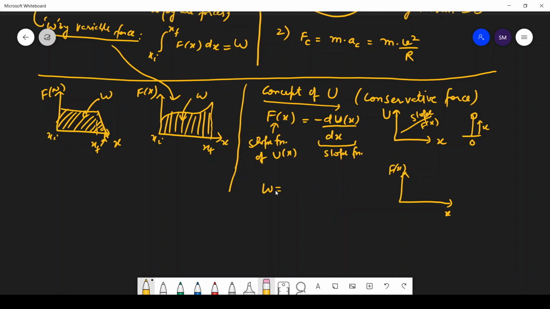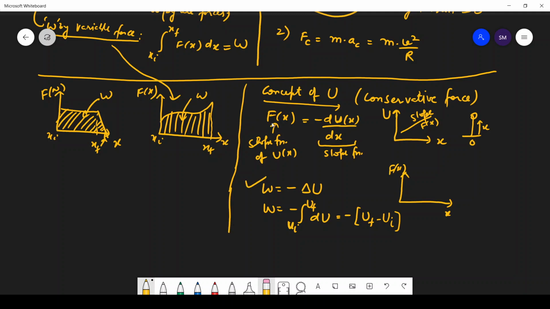You can always take u, so that's minus delta u. And you can further write it as W is equal to minus the integral from Ui to Uf of du. So you'll get the same thing, that is negative of Uf minus Ui.